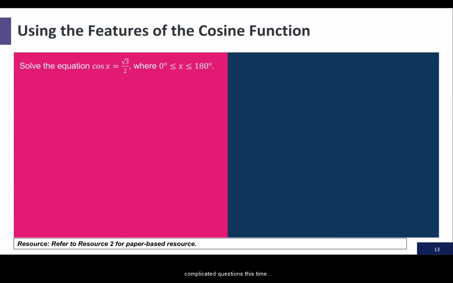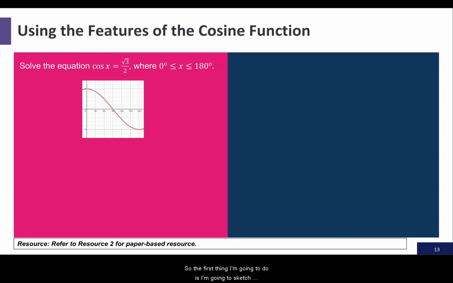Some more complicated questions this time. So the first thing I'm going to do is I'm going to sketch cosine between 0 and 180 degrees. I'm going to draw in a line of minus root 3 over 2, which is around 0.866, but it doesn't need to be exact.